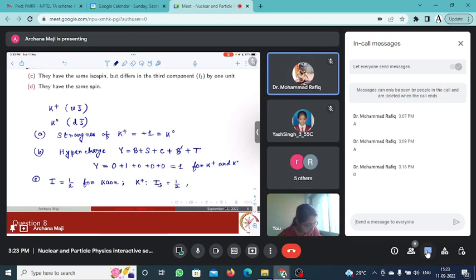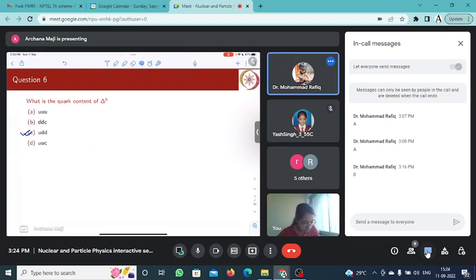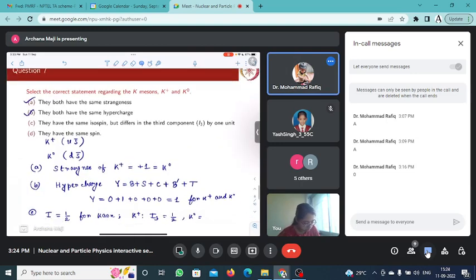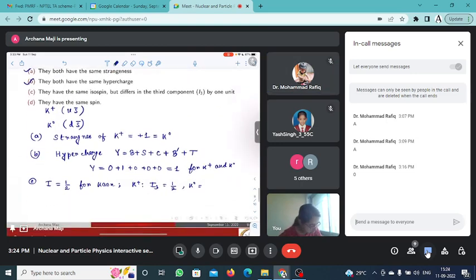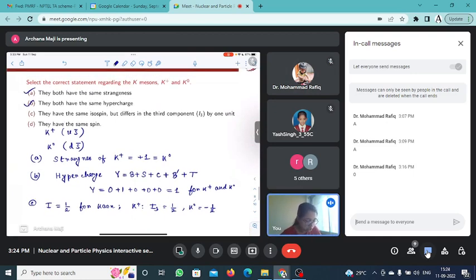And K0? So minus 1 by 2. Yeah. So then C option is correct or not?